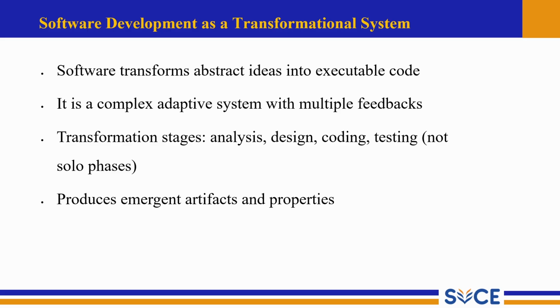So, based on multiple customer feedback, it will adapt everything. Transformation stages are analysis, design, coding, testing, not solo phases. So it will focus on all the phases. Next, it produces emergent artifacts and properties.